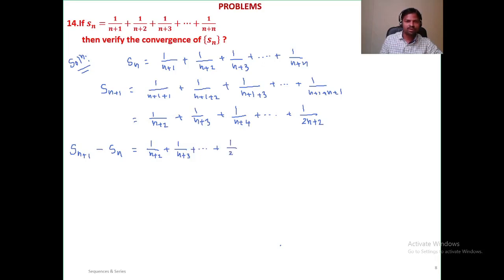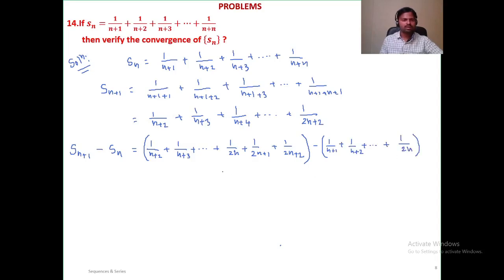Just a few before terms I am writing, plus 1 by 2n plus 2. So this is the last term, right? Before these two terms there will be more. What is the before of this? 1 by 2n minus 1, like that. So this is Sn plus 1, minus, what is Sn? Sn is 1 by n plus 1 plus and so on plus 1 by n plus n.